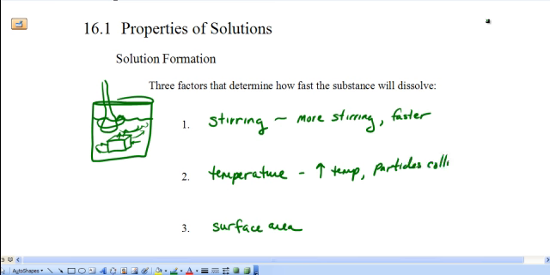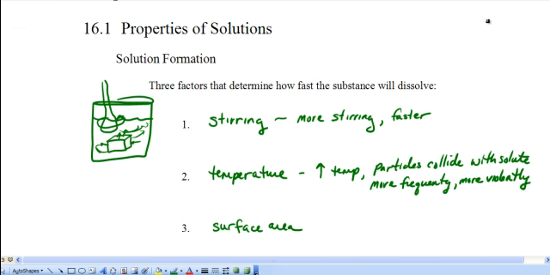So just say particles collide with solute more frequently and more violently. And so if you have a sample, let's go ahead and just draw it right here. There's my beaker of water or whatever solvent we have, and here's the cube that we put in there.